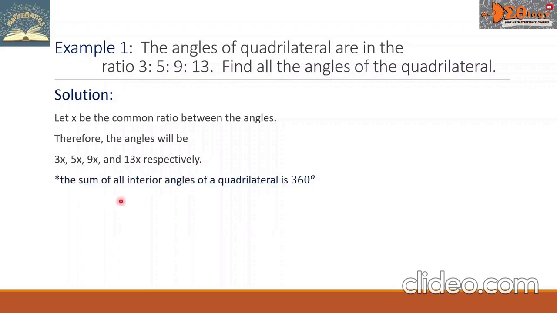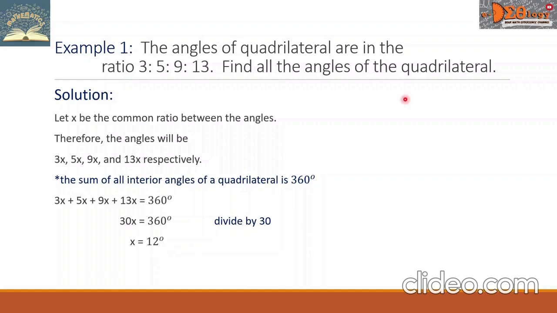We know that the sum of all interior angles of a quadrilateral is 360 degrees. Then we can write 3x plus 5x plus 9x plus 13x equals 360 degrees. If we simplify the left side, it becomes 30x equals 360 degrees. Then we divide this by 30 to get the value of x as 12 degrees.